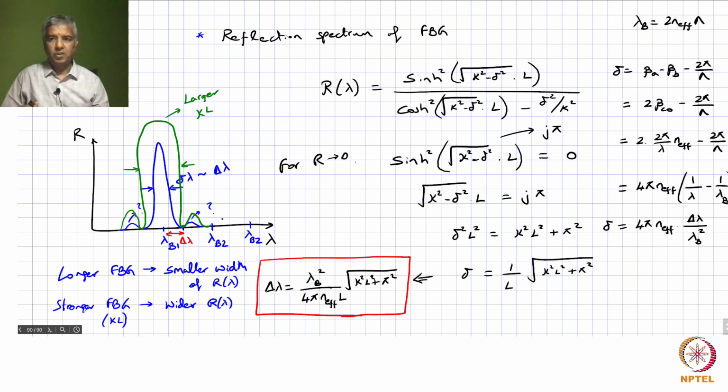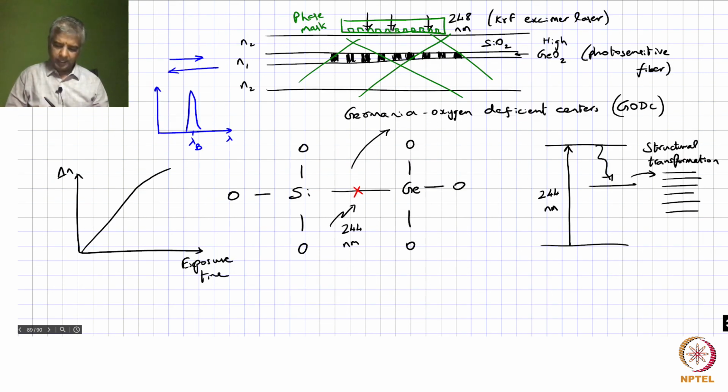Now, having said that, I should also mention this part. When we look at the physics of how the grating was formed, we talked about the structural transformation happening, and because of that you are getting this change in refractive index. But all said and done, this corresponds to what is called a metastable defect, meaning it cannot stay there forever.